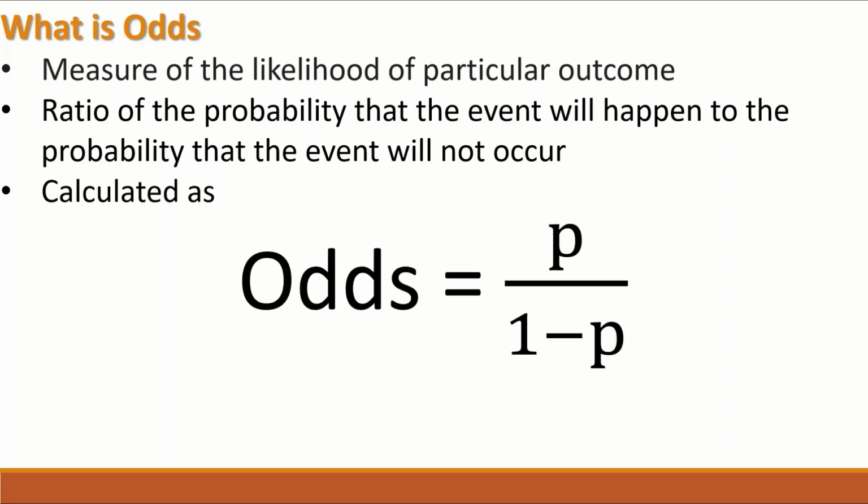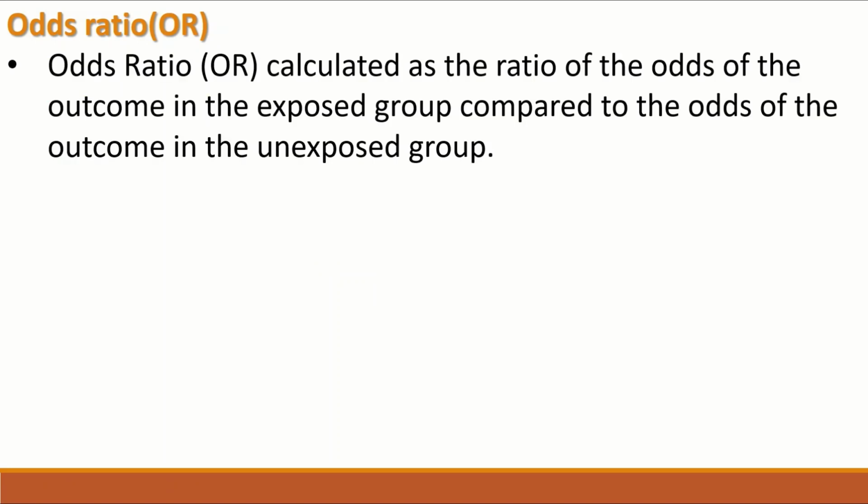So it is calculated as the probability of the event occurring divided by the probability of the event not occurring, which is 1 minus p. The probability of the event occurring is given a p symbol, and not occurring is 1 minus p, or a letter q.